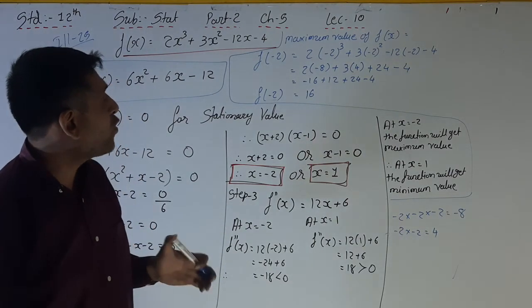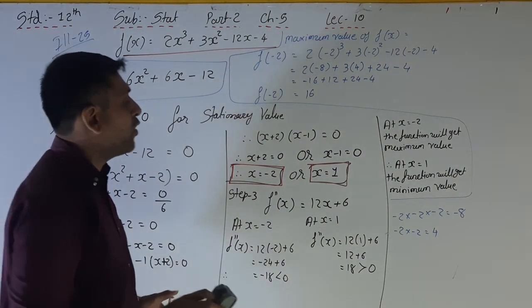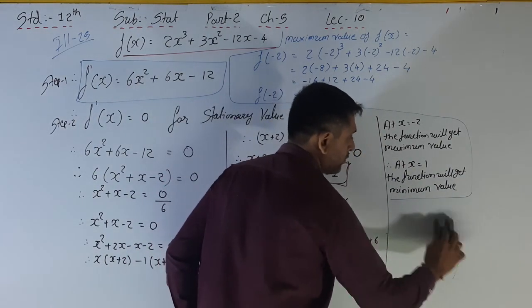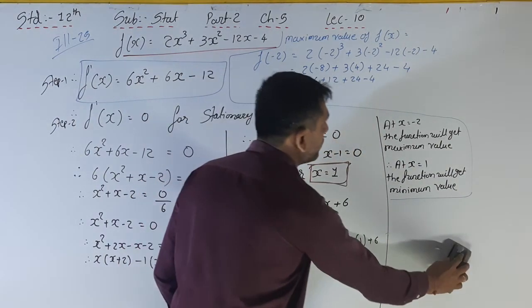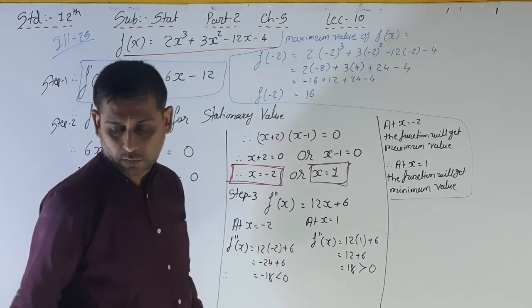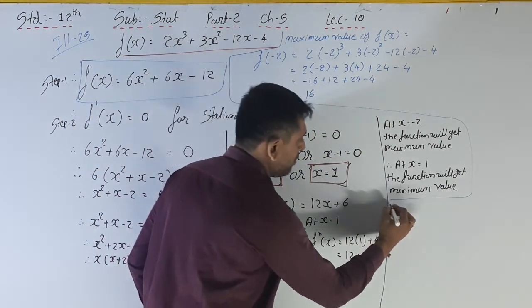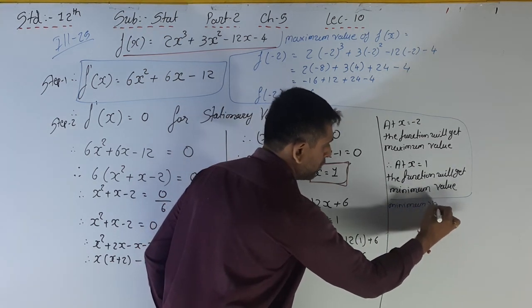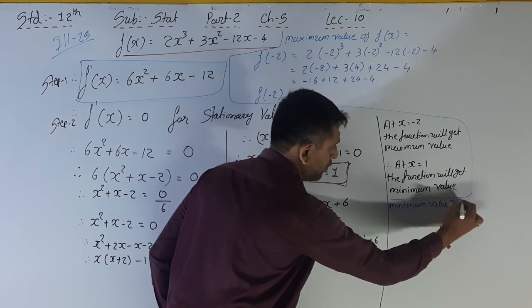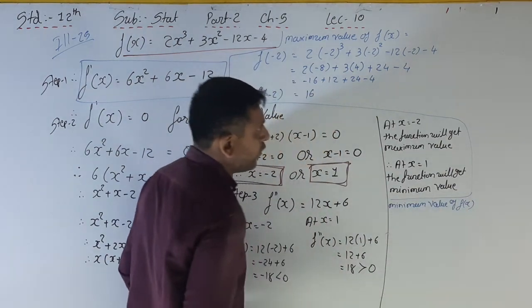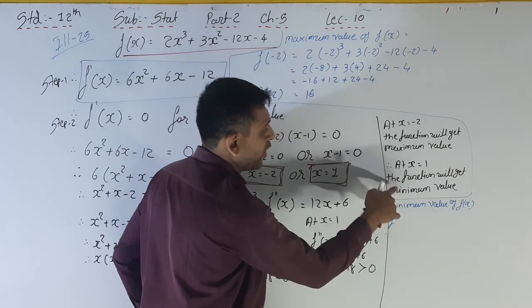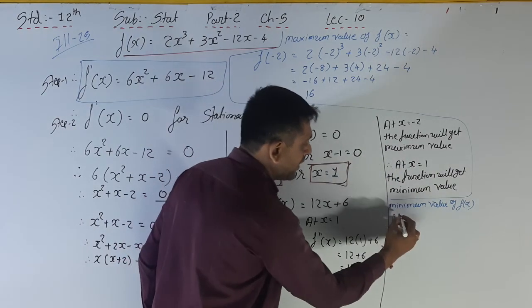And now we have to find out the minimum value of the function. See, I am finding out here. Minimum value of f of x. At which point do we get the minimum value? Here at x equal to 1.